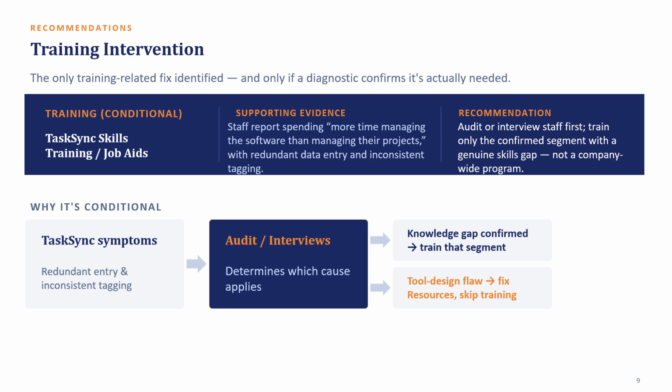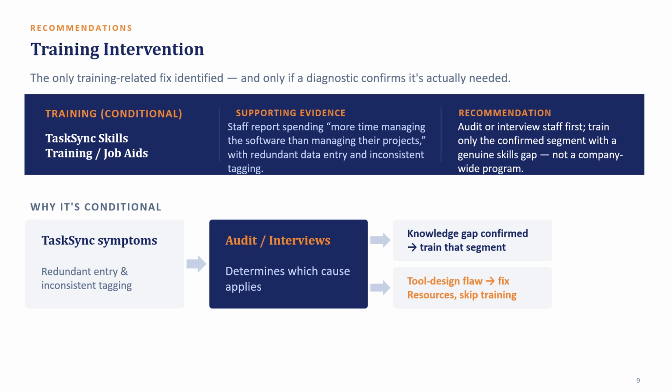Finally, I draw recommendations for both training and non-training. For the training intervention, which would be on task sync skills training, the evidence was that staff report spending more time managing the software than managing their projects, with redundant data entry and inconsistent tagging.